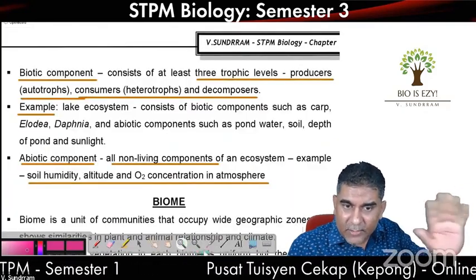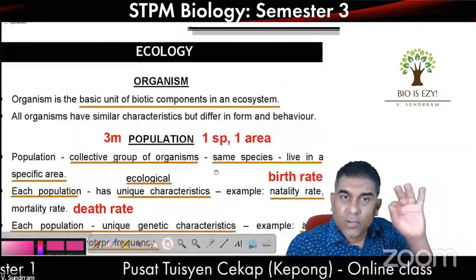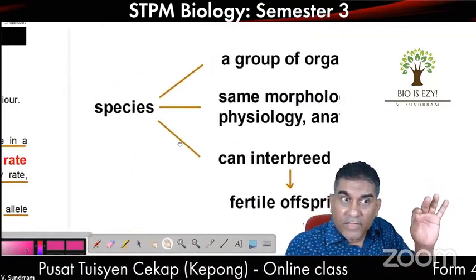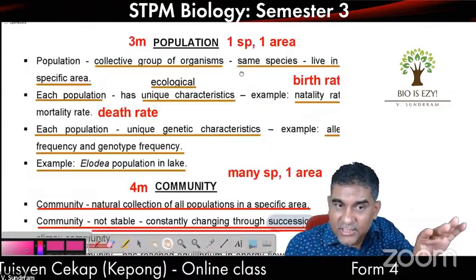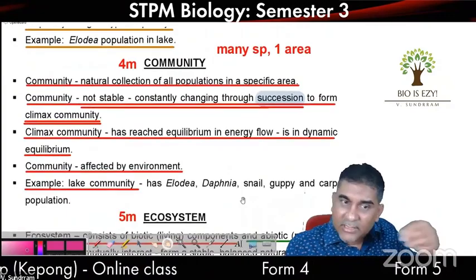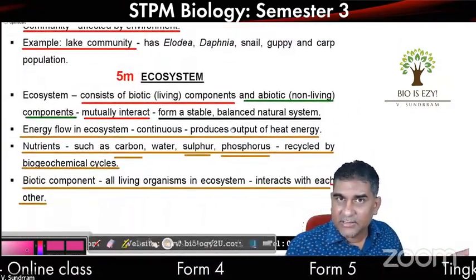So we are done with the main definitions. We have species definition. We have population definition and general characteristic. We have community definition, general characteristic, ecosystem definition, and general characteristic.